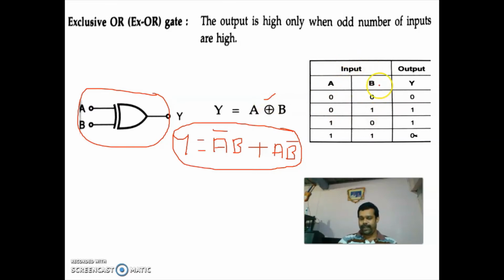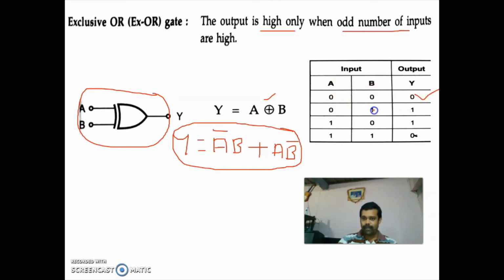Now here, how many inputs are you having? 2 inputs. So it will have 4 combinations. In XOR gate, the output is high only when an odd number of inputs is high. So when you have an odd number of inputs high, then the output will be high. Here both the inputs are low, so the output is low.